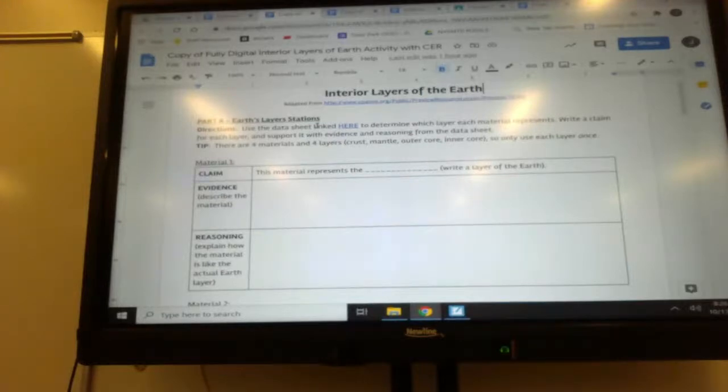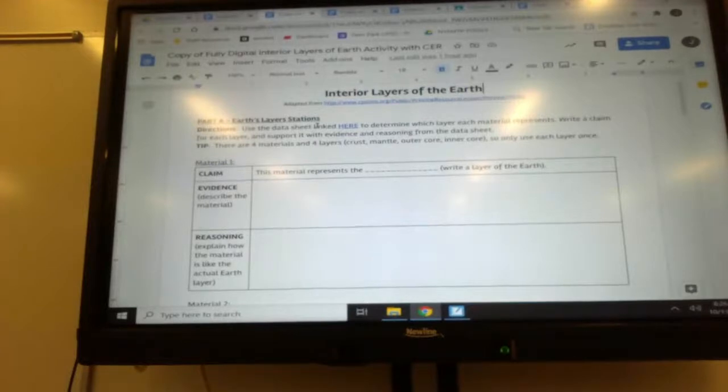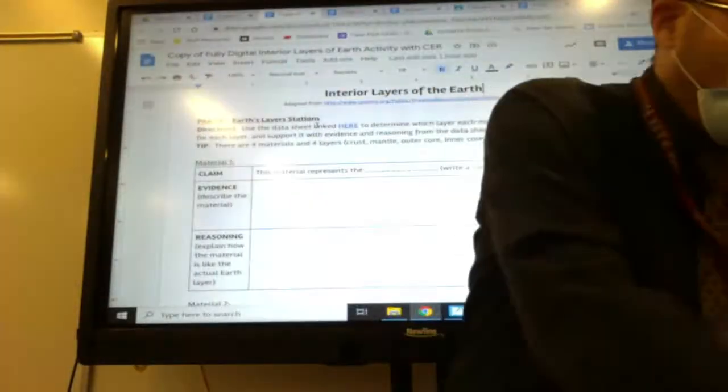At those temperatures, really, it should be a liquid. Why isn't it a liquid? Why is it a solid ball of metal? Excellent. Because of the pressure. The pressures are too high where things cannot exist as a liquid. It's only going to be a solid. Very good.